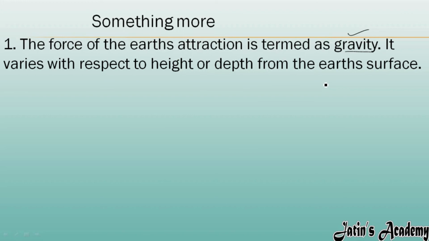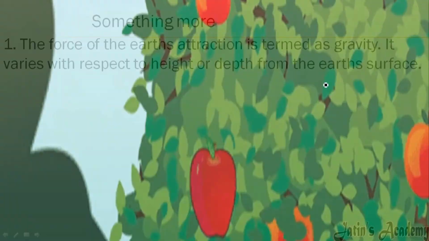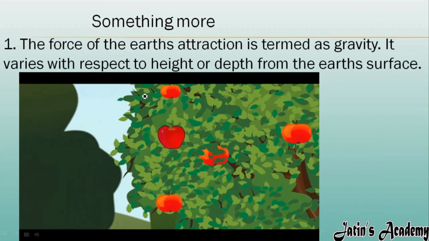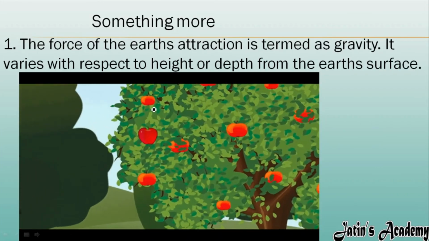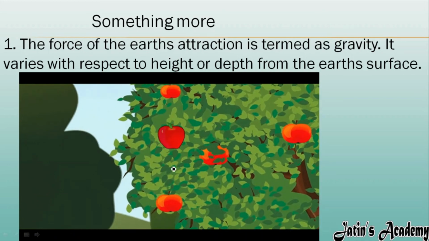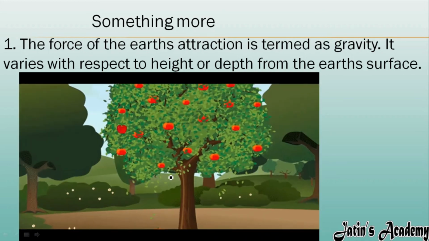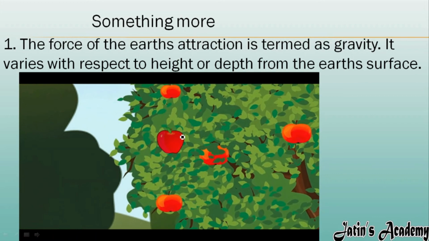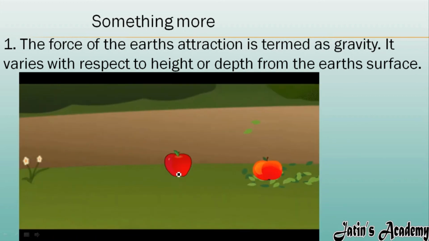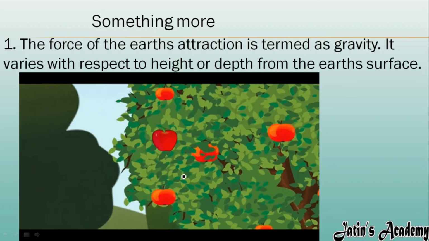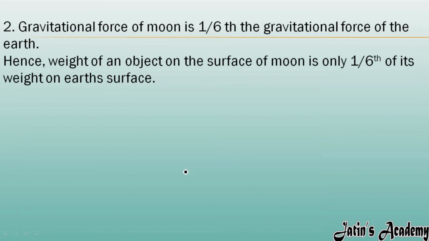As I already told, when we go above the surface of the earth, weight decreases, but on the surface weight will be maximum. Each and every object is going towards the surface of the earth, moving downside due to gravity, or weight.